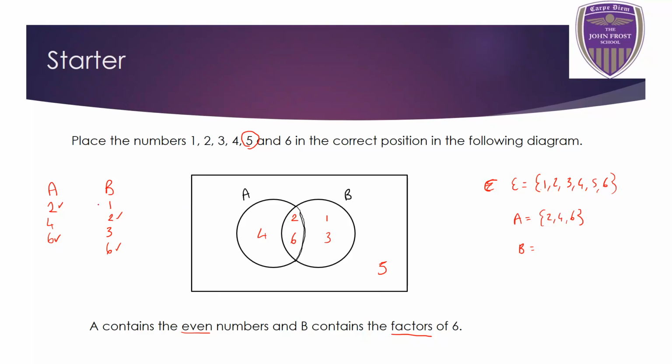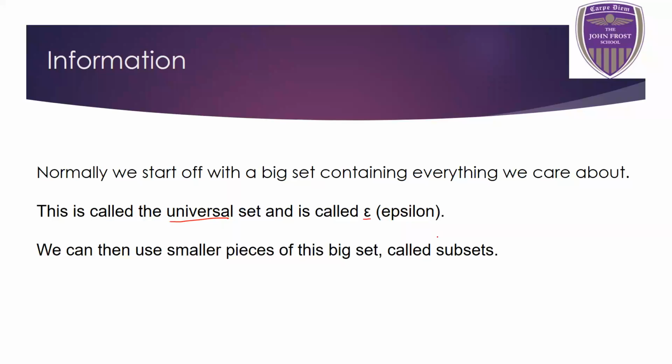And B would be a different subset. It contains the factors of 6. So in here would be 1, 2, 3, and 6. So there's my whole set, all the values of interest to me in the starter question. Here's my subset A, and here's my subset B.